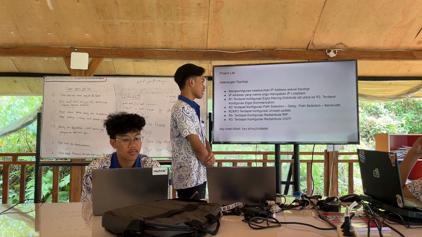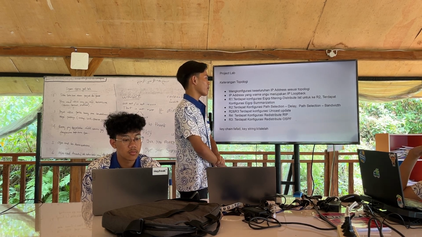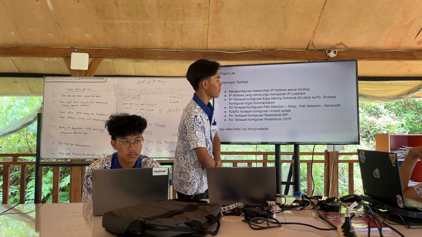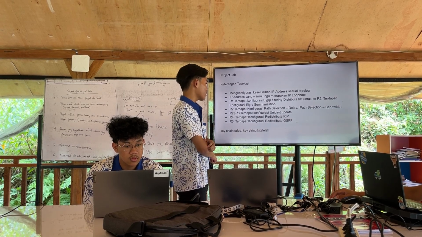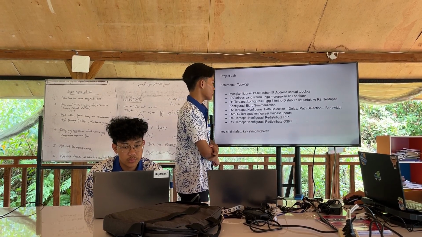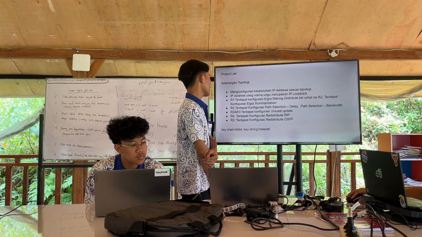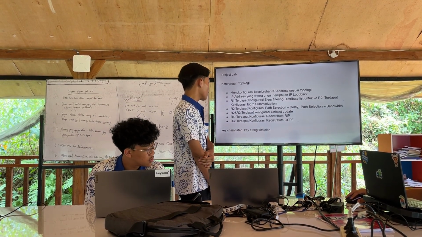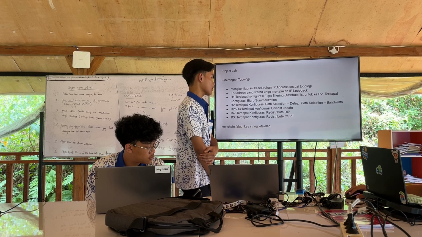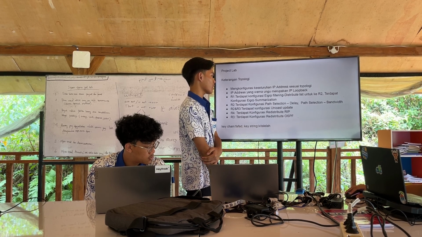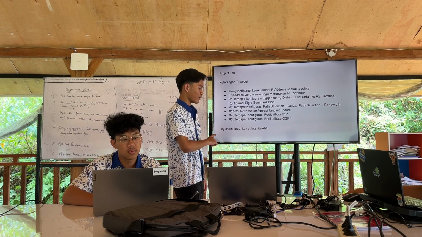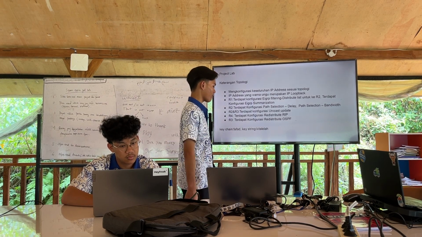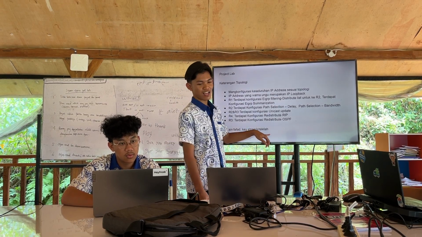For the center router, there are the configurations for path selection delay and path selection bandwidth. Then for the center router and the other branches, there was configuration for unicast update. For the other routers, there was configuration for redistribute RIP and redistribute OSPF. And I made a key chain with the name Fakat, and the key string is itulah.